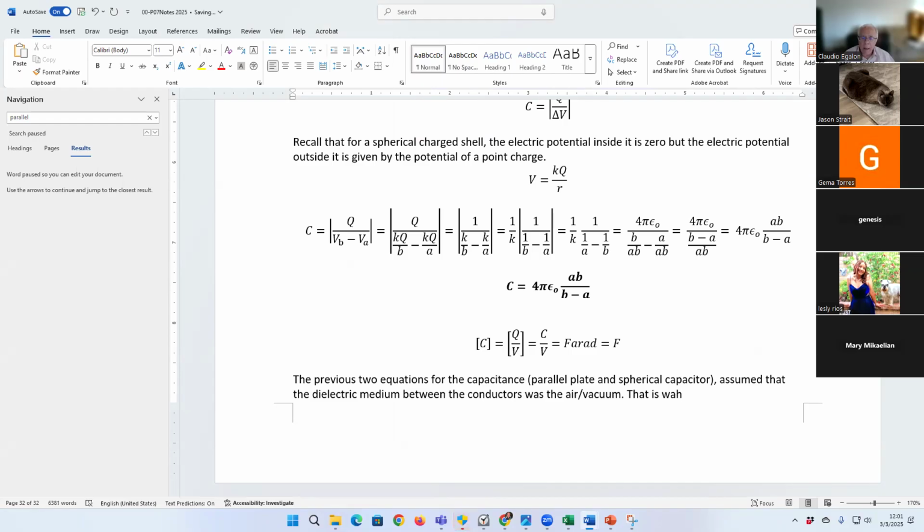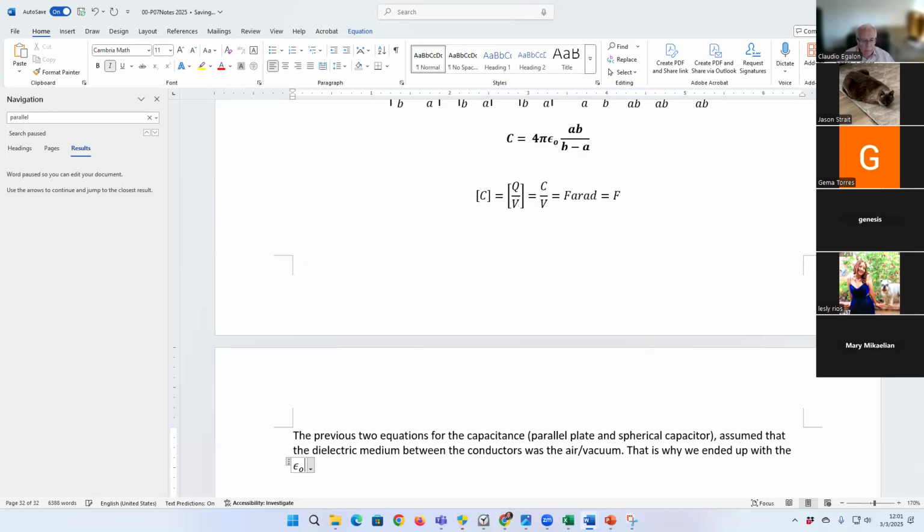That's why we ended up with the epsilon naught at the top of the equation, okay? Epsilon naught, this value is almost the same for the air and vacuum, with a slight difference.